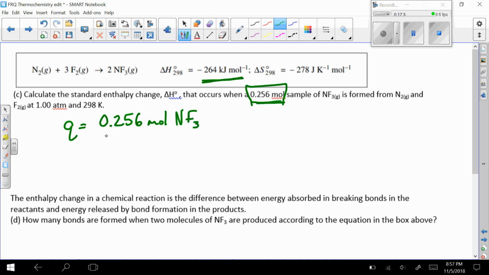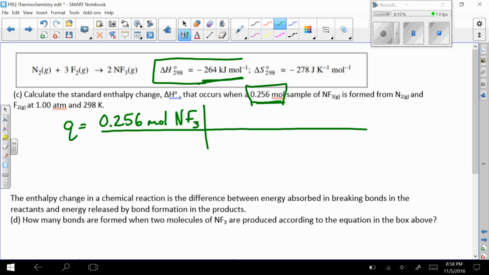It's going to be a stoichiometric calculation, so we're doing a little bit of stoichiometry here. Looking at our reaction, this is negative 264 kilojoules per mole of reaction.